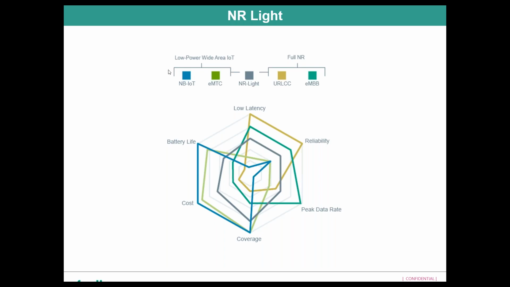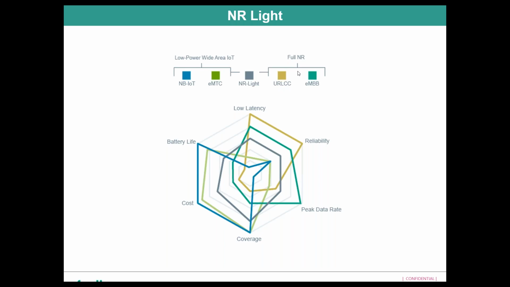But if you look at the color coding over here, you have the other set of devices that are doing HCC with 2x2 MIMO for FR2. Those are really enhanced mobile broadband. And then you have some low latency devices also, but those are full NR. Now this NR Lite is going to be something in the middle.